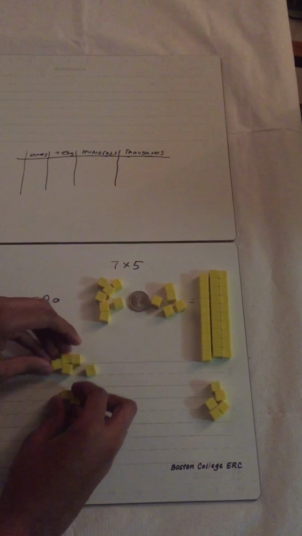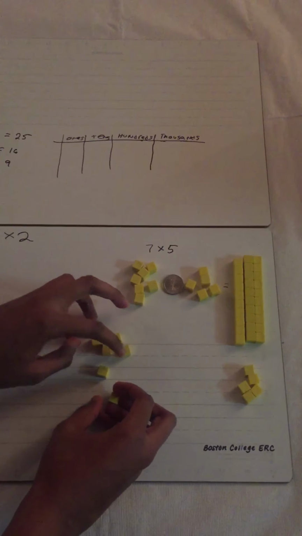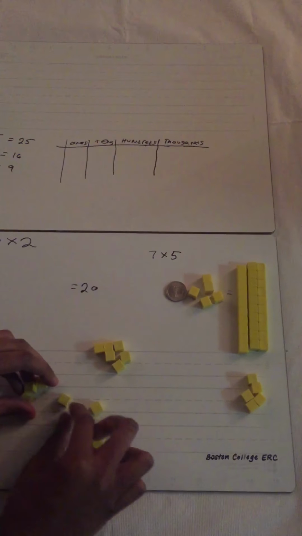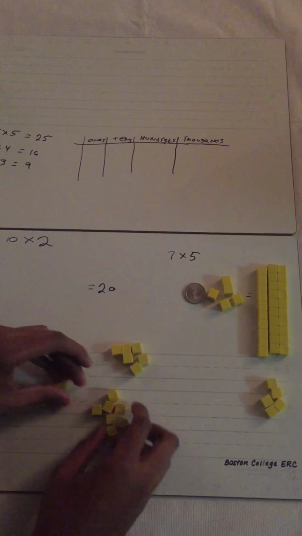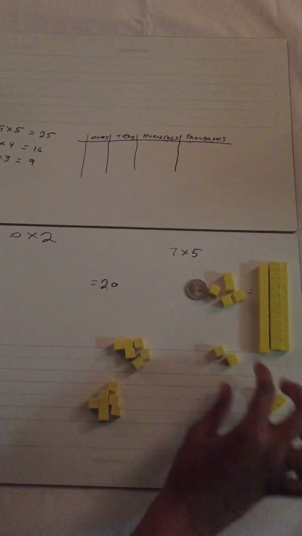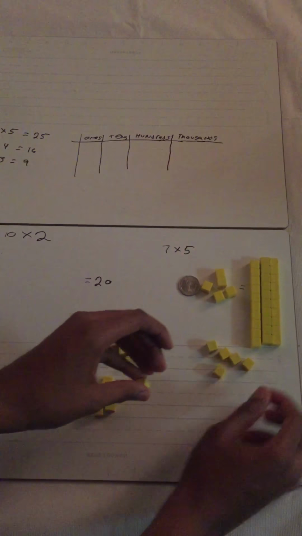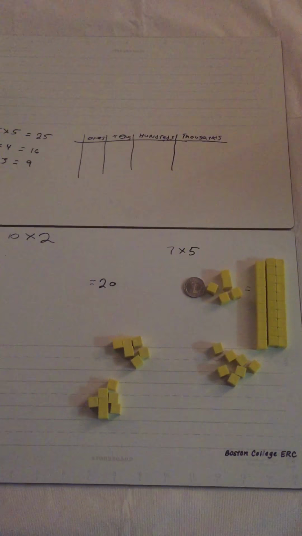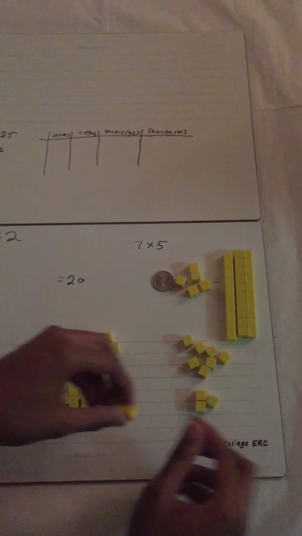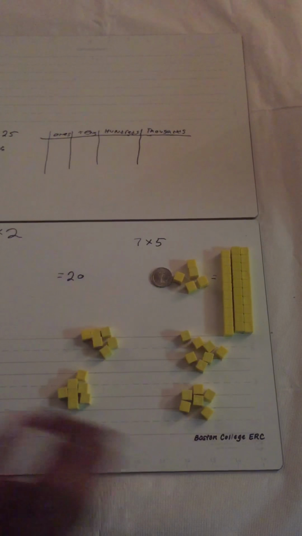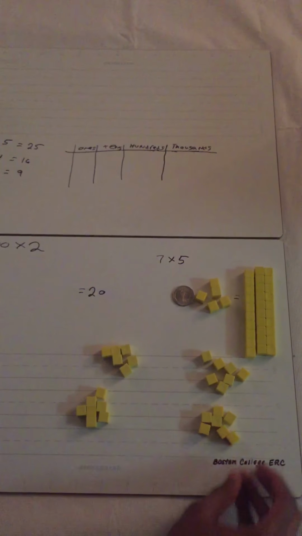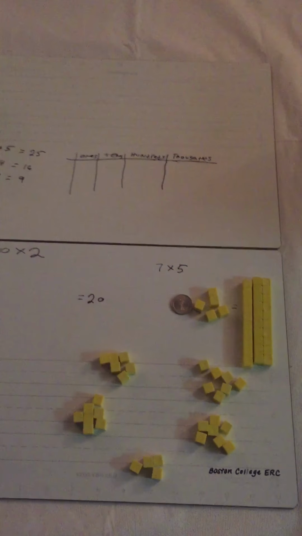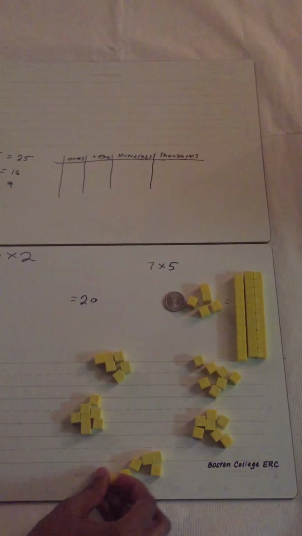And so here's one group for me, 1, 2, 3, 4, 5, 6, 7. And another group of 7, and another, until we have them all.